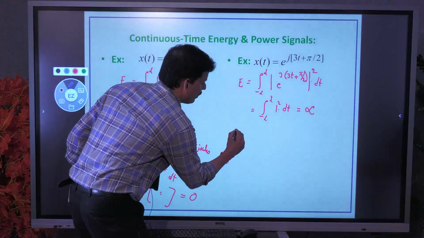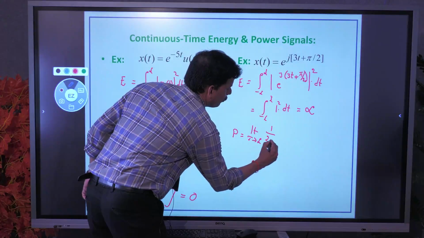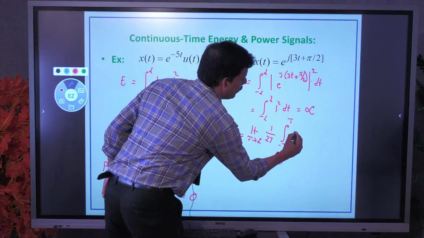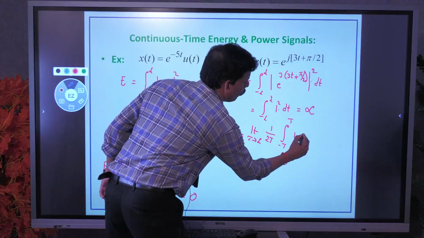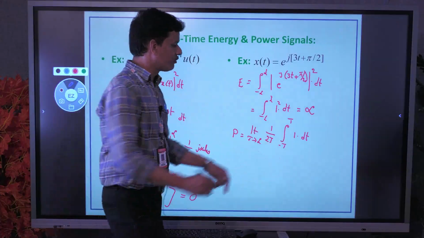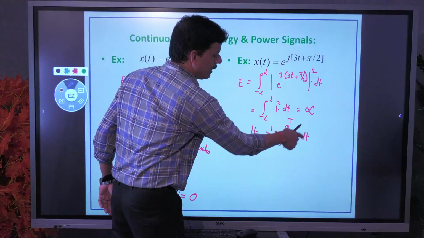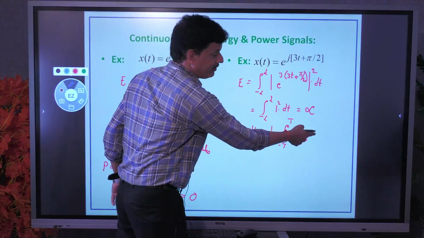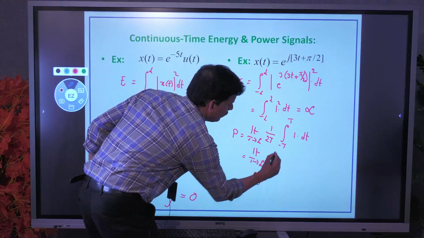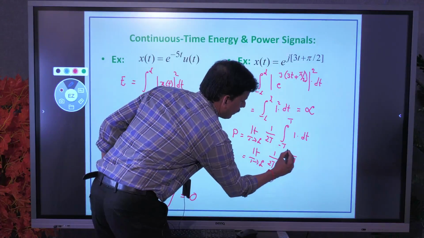If you go for the average power P, limit t tends to infinity 1 by 2t, integral minus t to t, magnitude of it is 1, 1 square will become 1, and the integration of 1 is t. If we substitute the limits, it will be t minus of minus t, 2t. So it will be limit t tends to infinity 1 by 2t times 2t.